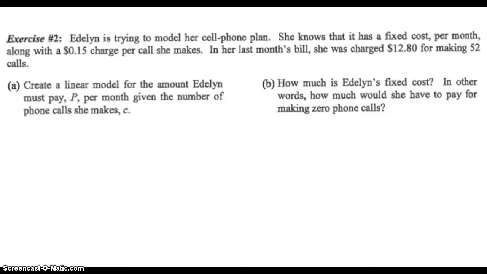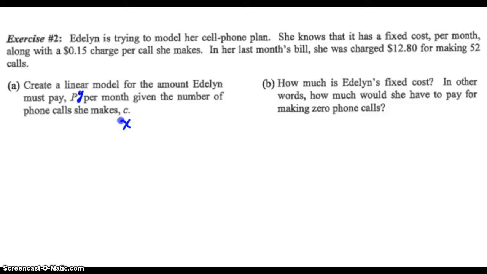So if you need to think about it, this is my independent, this is my dependent, okay? The amount of calls she makes affects the price that she pays. So you have two different ways to do this, and I'm going to show you both.